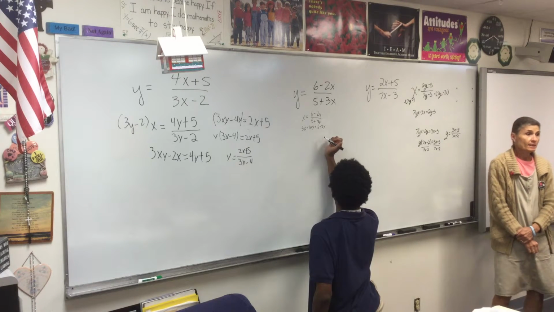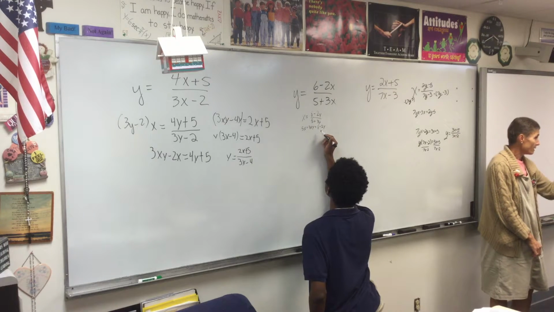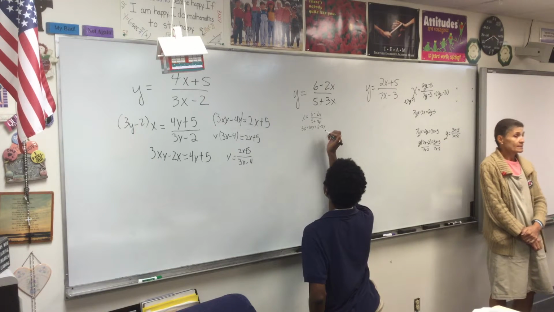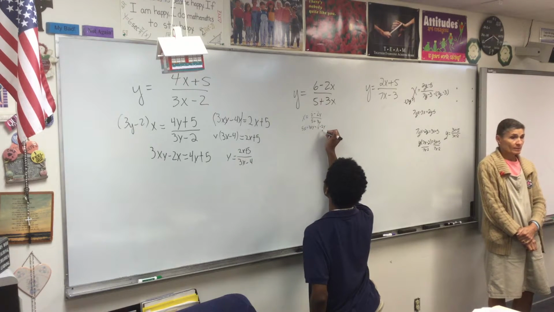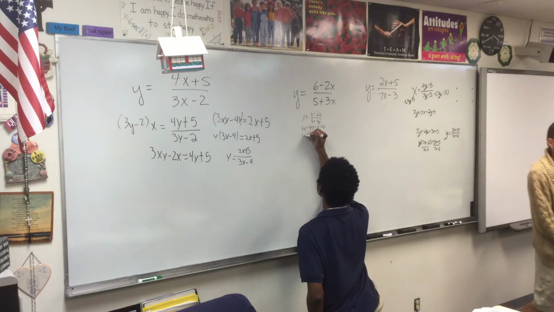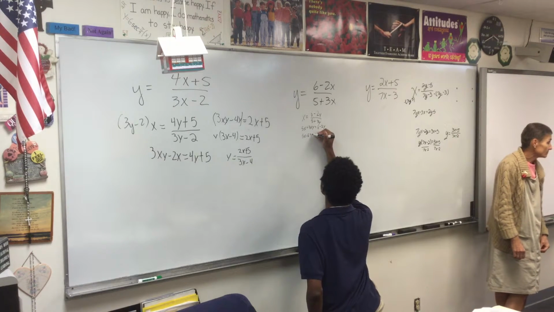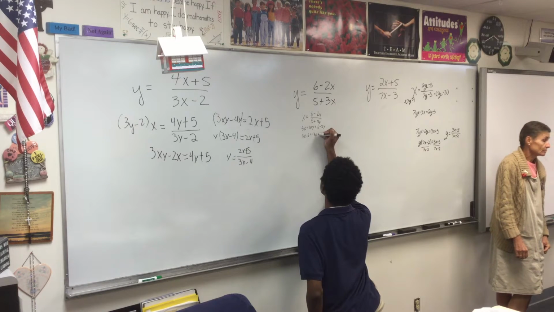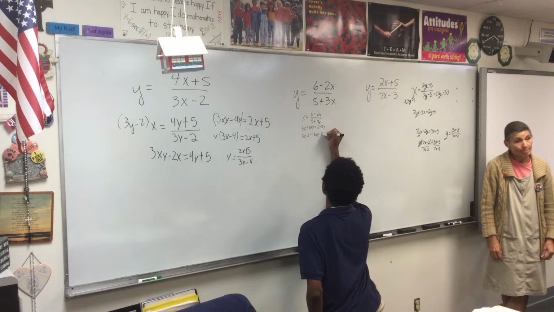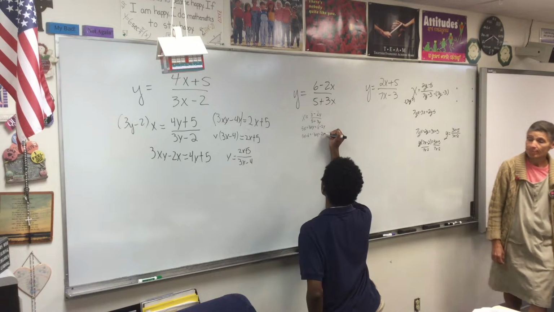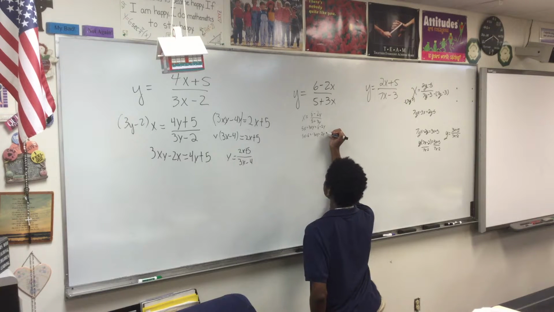So the first thing Clayton did was switch his variables, x and y. And what's the second thing he's doing right now? Multiply his denominator over to the other side and do the distributive property. Wait, how do you get all y's on one side? Wouldn't it be minus 6?